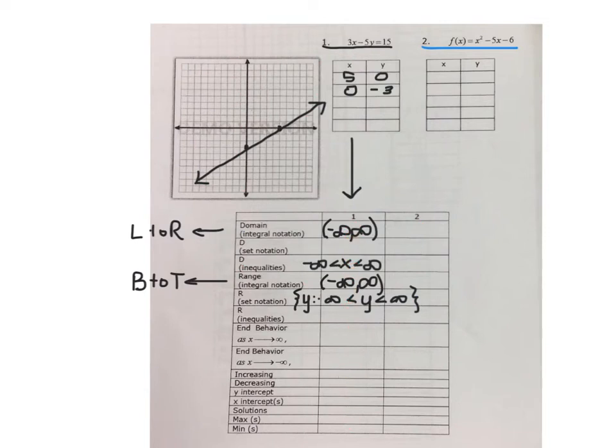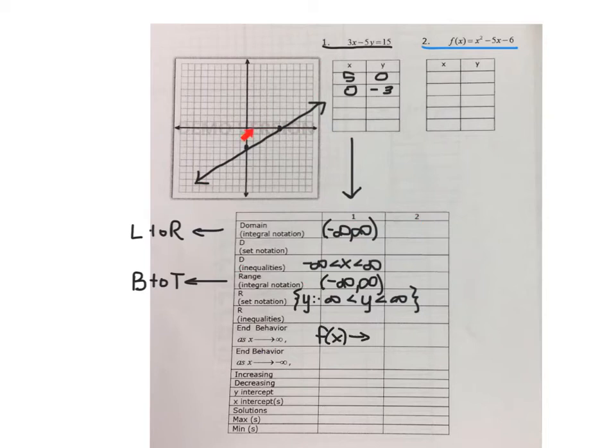Okay, so I'm going to move on to end behavior. End behavior is a statement where it says, as x approaches, that long arrow stands for approaches. So as x approaches +infinity, so as my x is getting bigger, the function of x is approaching what?